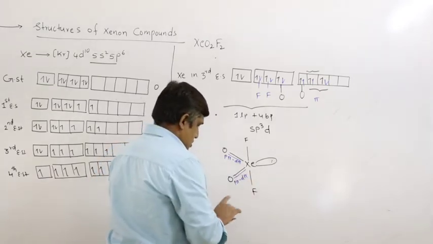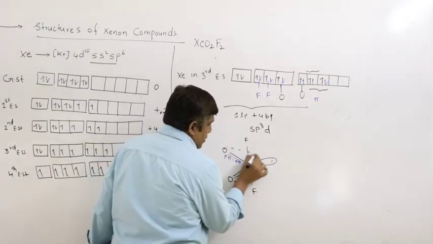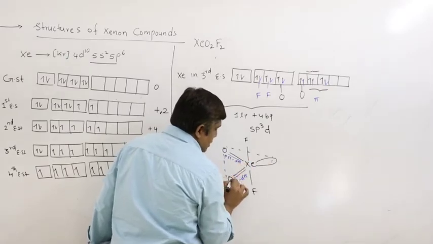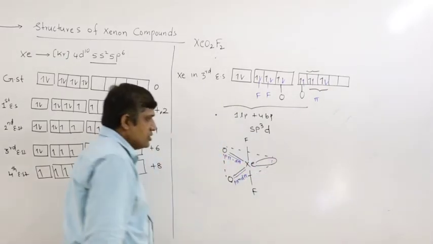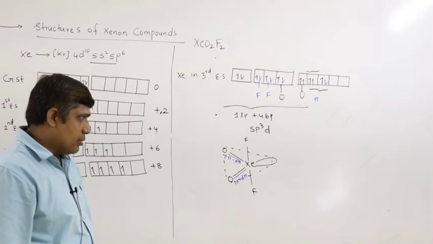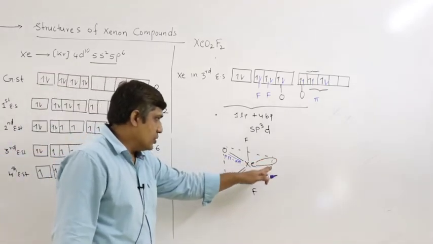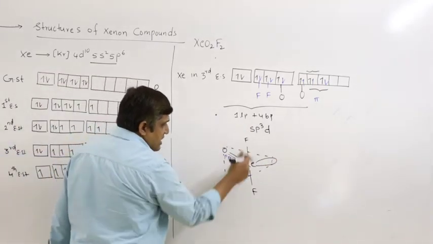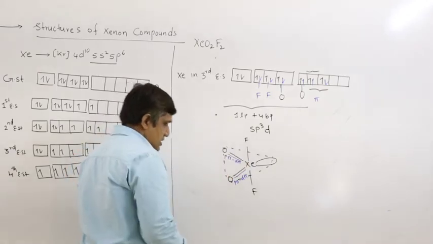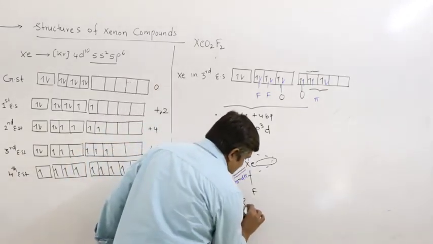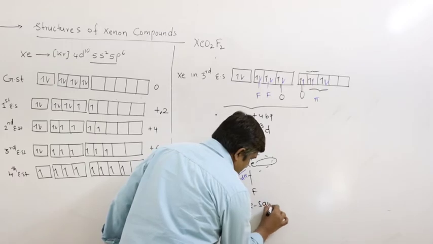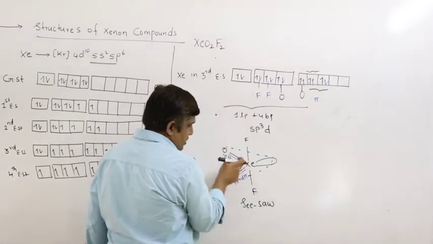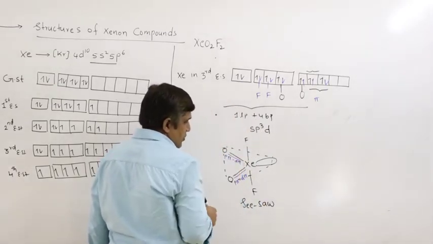So if I join this, you will get a triangle shape. So the geometry is trigonal bipyramidal. Because of this lone pair, the shape appears as seesaw. If you see this one, it is like the tooth of a seesaw.